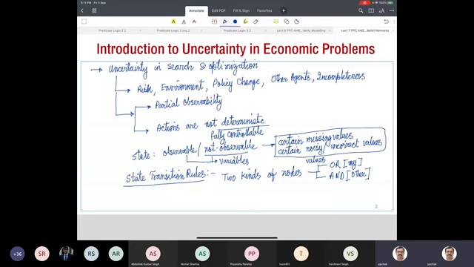At the OR nodes, I will optimize something: minimization, maximization, or a certain risk-based decision, saying that if this is the distribution, this is what I will do.